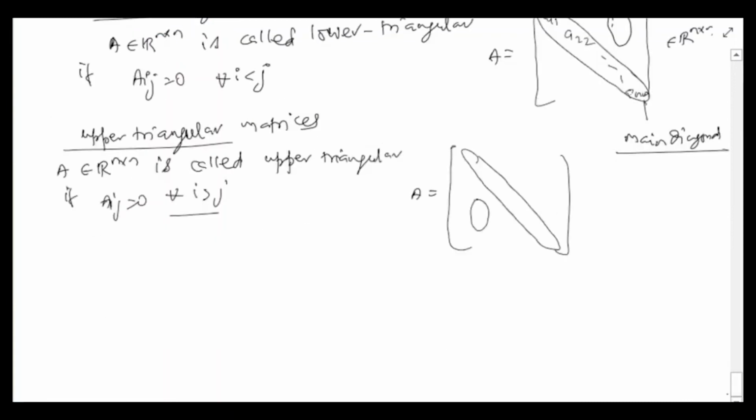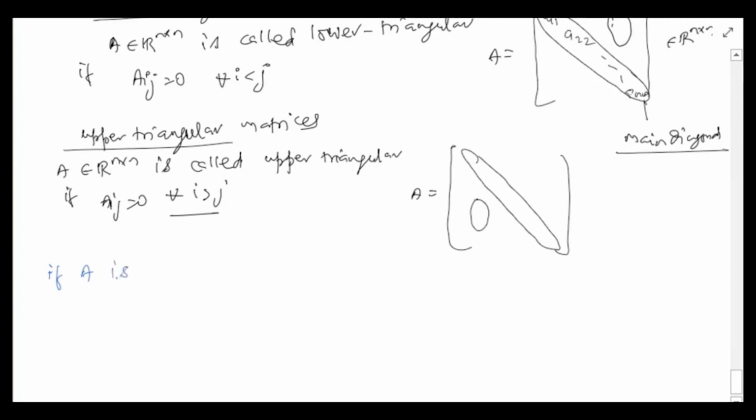Now we are ready to state the property of determinants of lower and upper triangular matrices. This property says that if A is upper triangular or lower triangular, then its determinant is just the product of entries along the main diagonal.